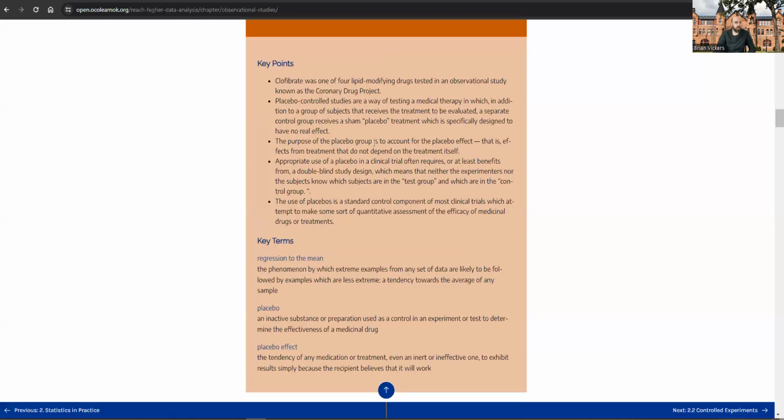In this instance, a number of people in the experiment were given the actual drug, clofibrate, and then the rest of them, half and half roughly, were given a placebo. Both groups are told this may or may not be the drug, maybe the placebo, depending on the type of setup.